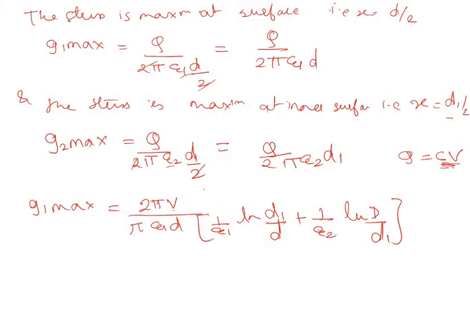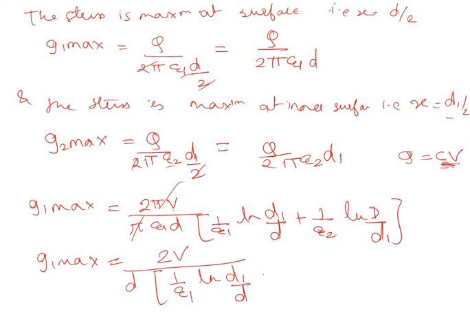So this pi cancels. The remaining equation is G1 max is equal to 2V upon d into 1 upon epsilon 1 ln of d1 by d plus 1 upon epsilon 2 ln of capital D by d1. The remaining is epsilon 1 over here.